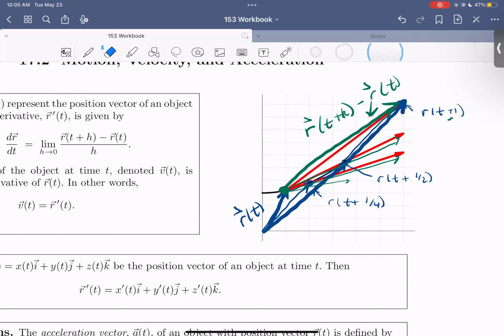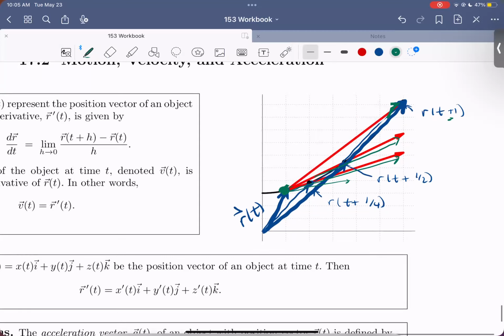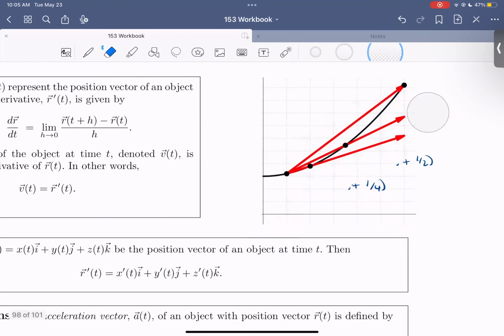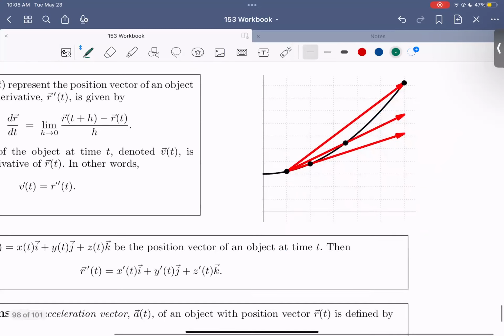So maybe say another way, these red vectors that are drawn in are those differences between r of t plus h and r of t. I'm going to clean this up so we can see that. So here, these red vectors, those are the difference r of t plus h minus r of t.